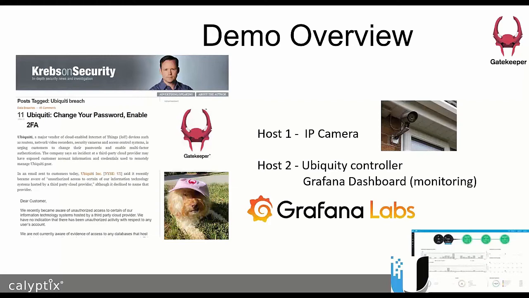There was a breach of their cloud stuff, which, quite frankly, is terrifying because you have all of your networks basically talking up to this cloud, and anyone that gains access to it potentially has access to everything on your network. So with this demo, with Gatekeeper access, you're keeping everything internal and maintaining some usability and remote management. So it's quite handy in my book.